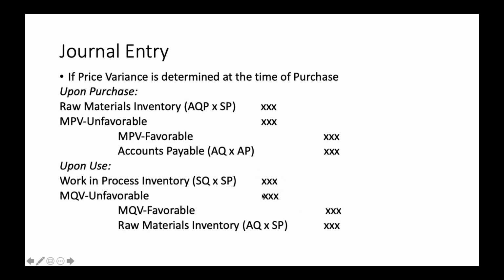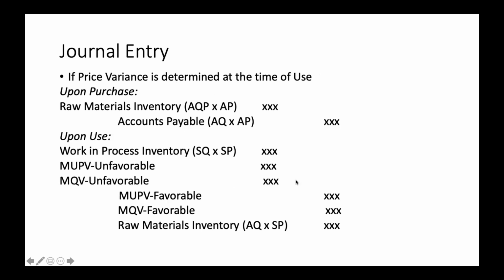So that is unfavorable material quantity variance. Again, this journal entry will be used only if the price variance is determined at the time of purchase.